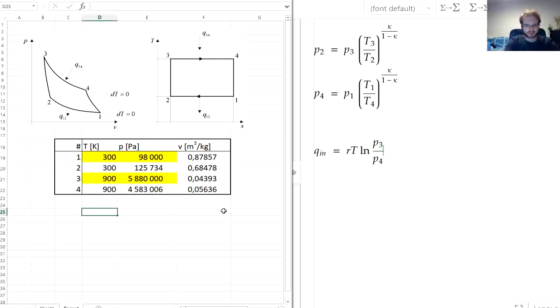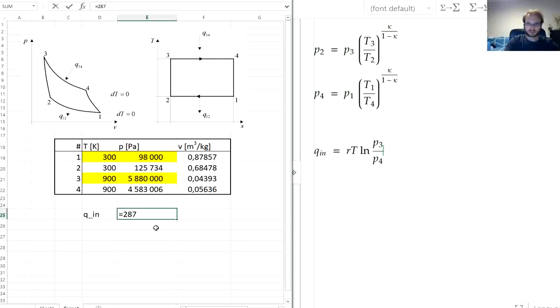So let's put it, for example, here: Q in equals R, 287, times T, the heat input is at temperature 3 or 4, which are the same, times logarithm P3 over P4. So we get the heat input for 1 kilogram of air would be 64 kilojoules.